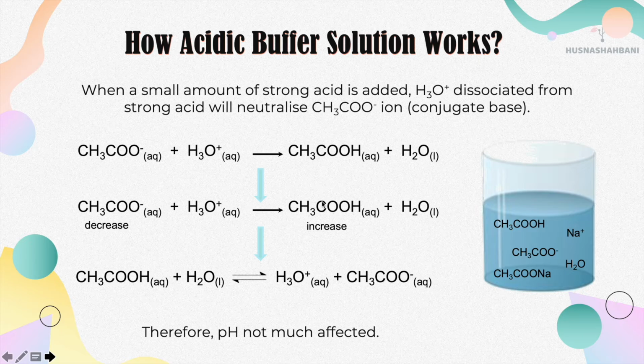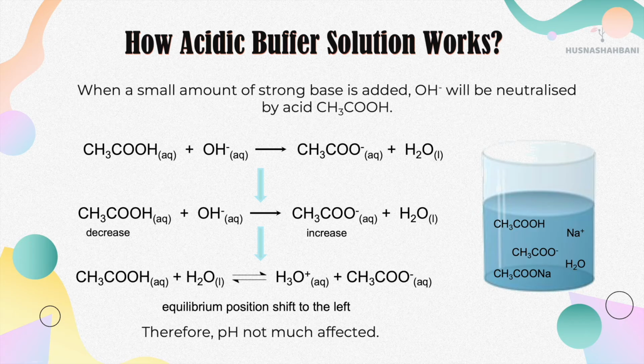Because when the concentration of weak acid increases, this weak acid will dissociate in water and produce CH3COO- and H3O+ again. So that's why pH is not much affected. This is how the acidic buffer solution works.